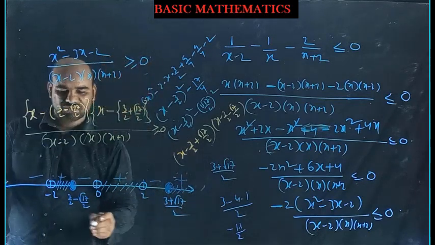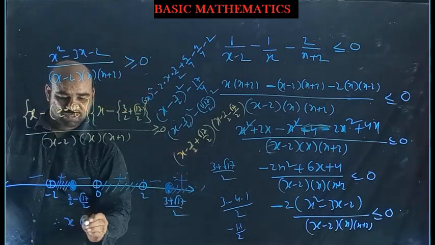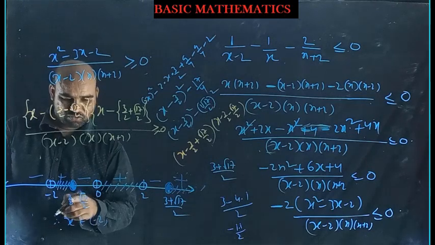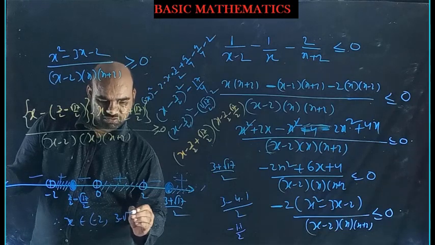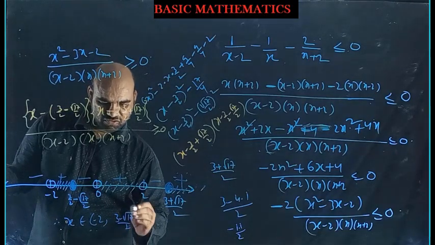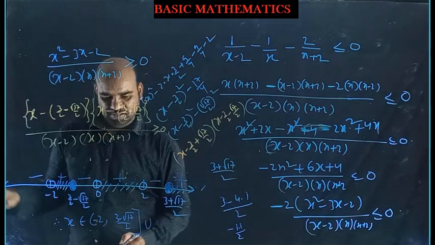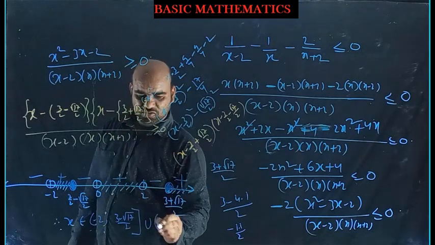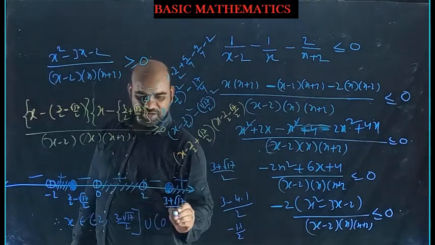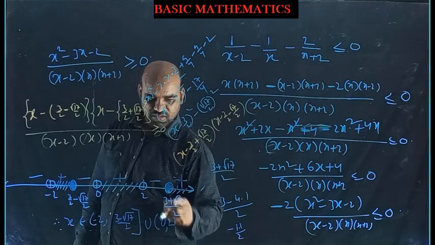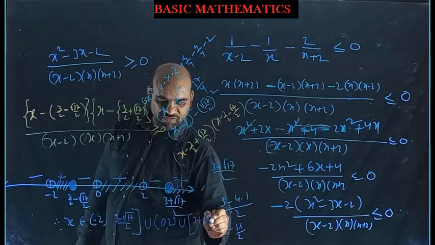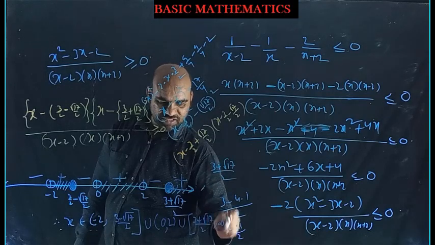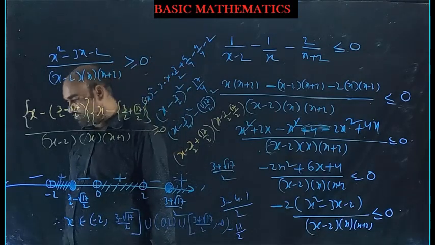So I want to write the solution now. x belongs to open minus 2 to closed 3 minus root 17 by 2, closed, union open 0 to open 2, union closed 3 plus root 17 by 2 to infinity. So this is the solution of the problem.